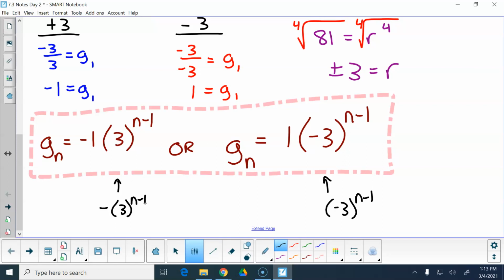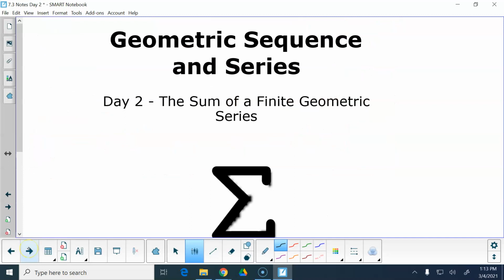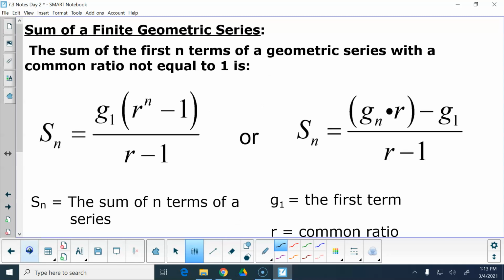So today what we're going to do then is we're going to shift off of geometric sequences, and we're going to go to geometric series. So we're going to add up geometric terms, or terms that have a geometric relationship. And unfortunately, I'm sorry, there's nothing that I can really do about it because it's just the formulas that we have.